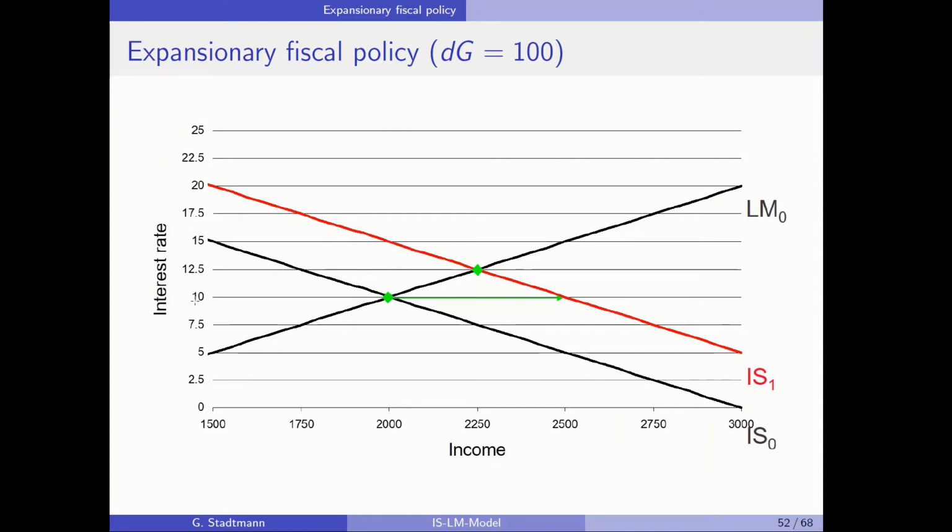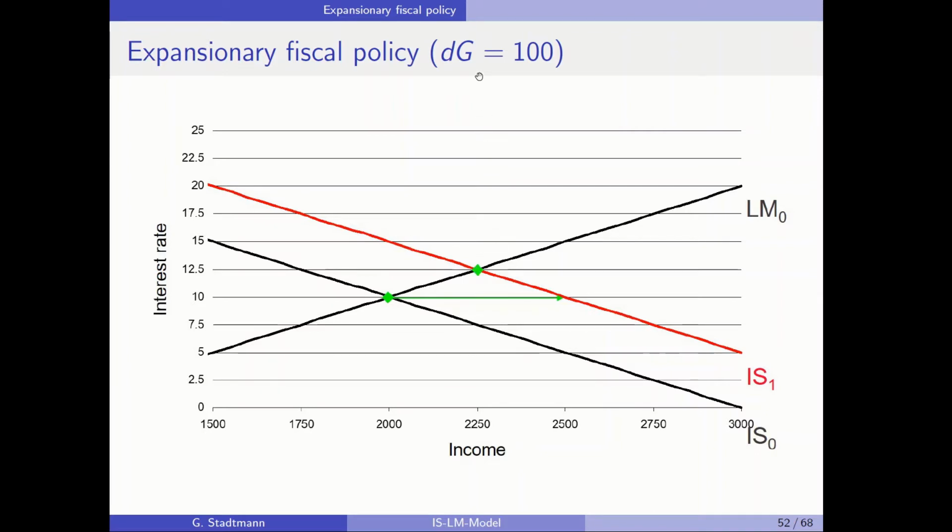Now we would like to find out what happens if the government increases government spending. Government increases government spending by 100 units. This shifts the IS curve to the right by 500 units. You can see here this rightward shift of the IS curve. And then the new equilibrium is at the intersection of the IS curve and the LM curve.